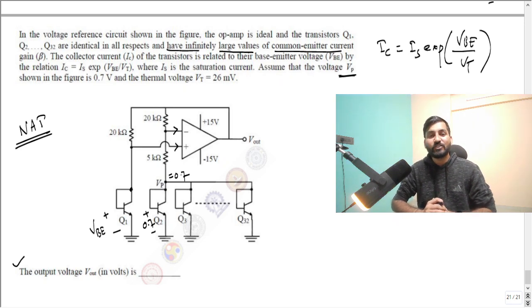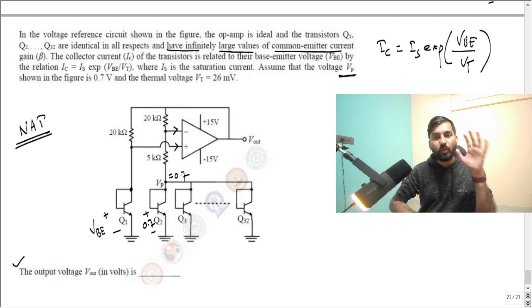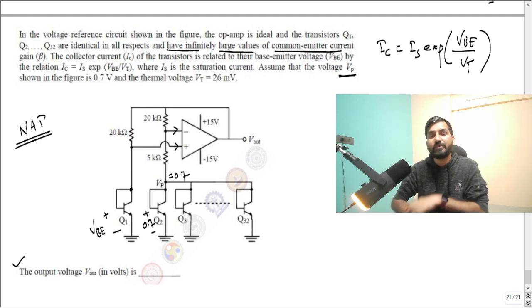Please remember this point, it is a very, very important point: this VBE is not to be considered as 0.7. You have to evaluate this VBE, and since it is an NAT question, you have to maintain accuracy as well.